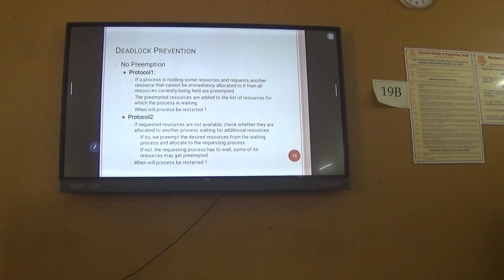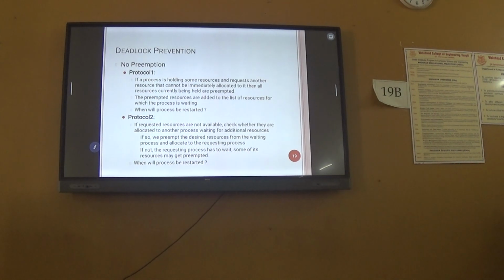So here, this process is waiting for this one, and this particular process is again waiting for this one. So how can we ban no preemption? Because this particular process is again waiting for this one, just take out the resources from the middle process and then allocate them to this one. So instead of sending one process and another process into a waiting situation, he is waiting for him, he is waiting for him, better take out the resources from the middle process, let that process complete its execution.